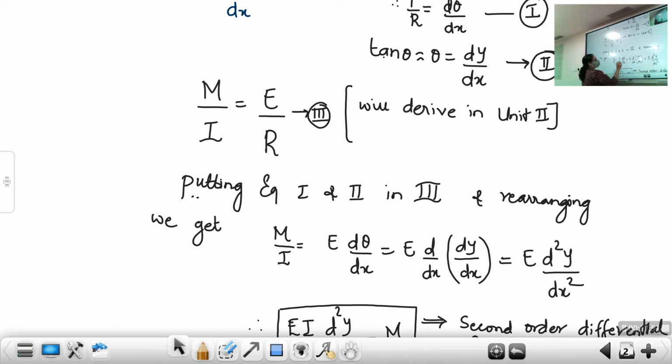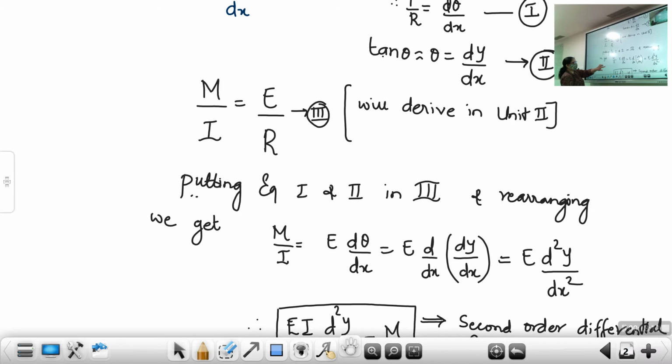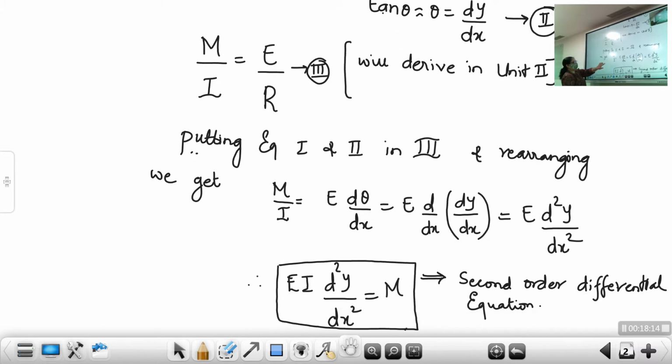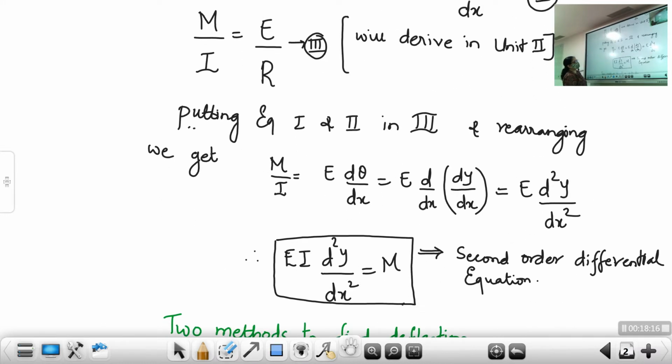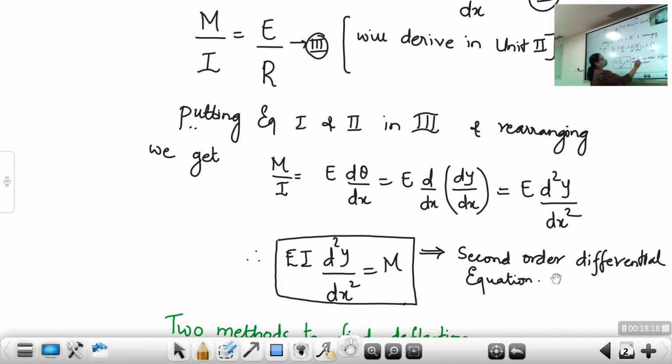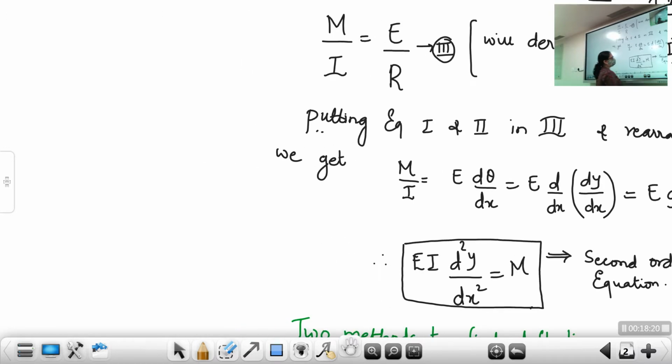And in place of theta, we will write dy by dx. So further simplifying, we'll get E into d square y upon dx square. Putting the equation back and rearranging the terms, we will get EI d square y upon dx square is M, which is the second order differential equation.